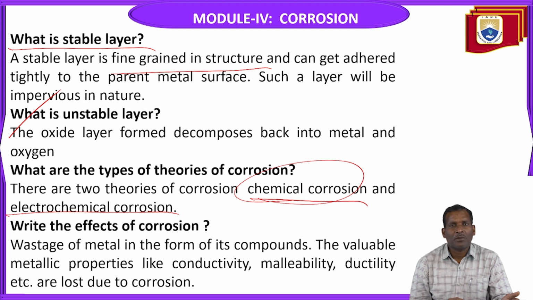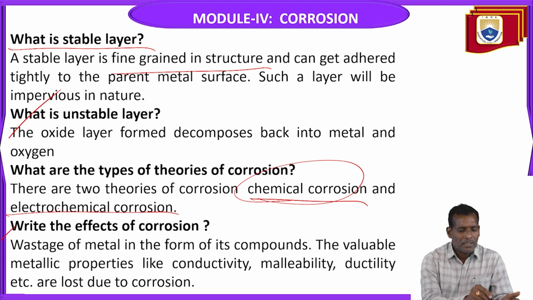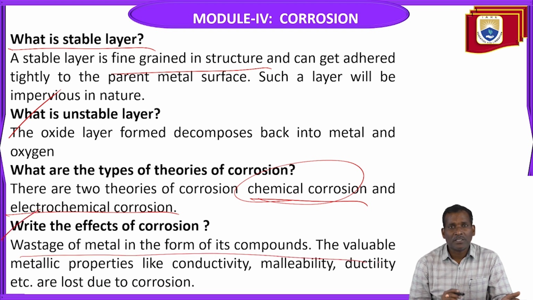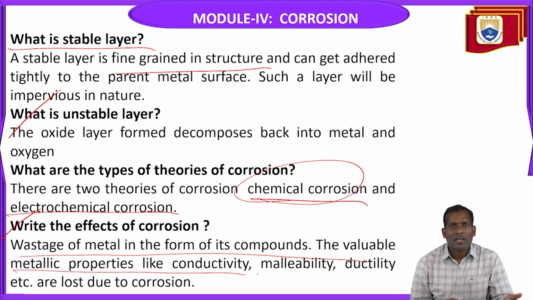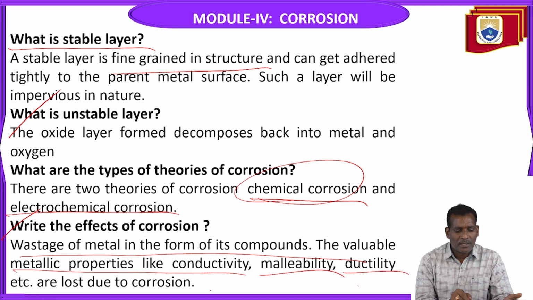So write the effects of corrosion. Wastage of metal in the form of its compounds. The valuable metallic properties like conductivity, malleability, ductility, etc. are lost due to the corrosion.